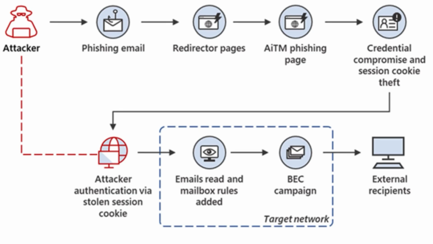So this is the target network. By the use of these credentials and the session cookie theft, the attacker manages email reading and mailbox rules added by the attacker, and then the target network is compromised by the attacker.